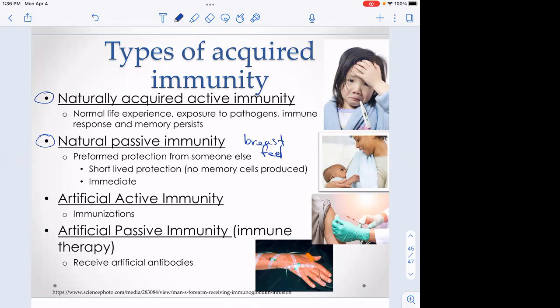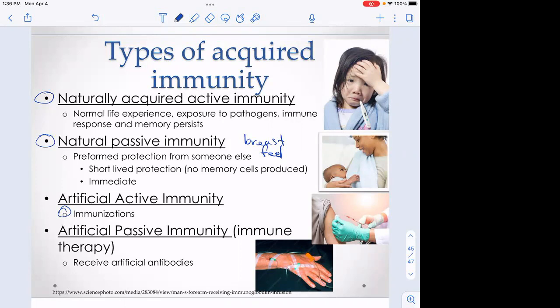An artificial active immunity, that's when you get some kind of vaccination. So we are artificially exposed. We get some kind of jab, usually a shot.